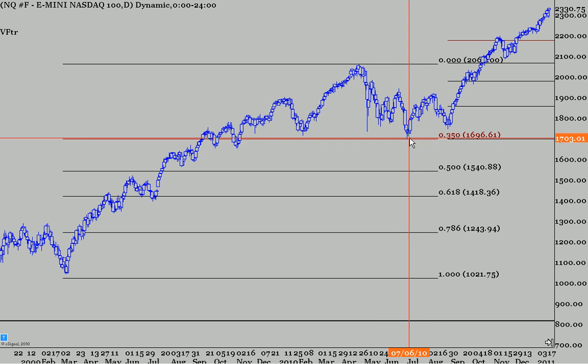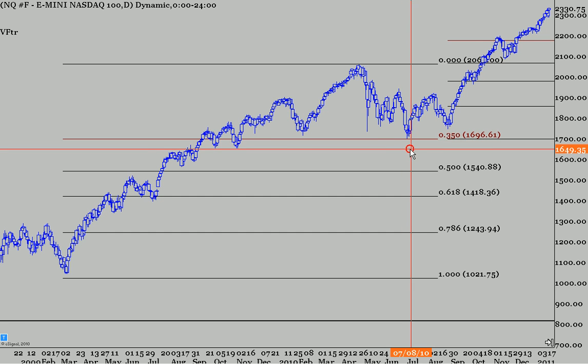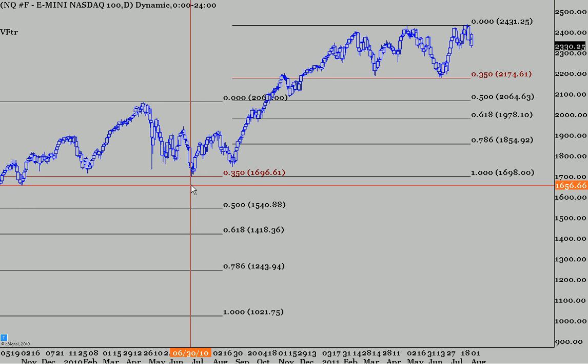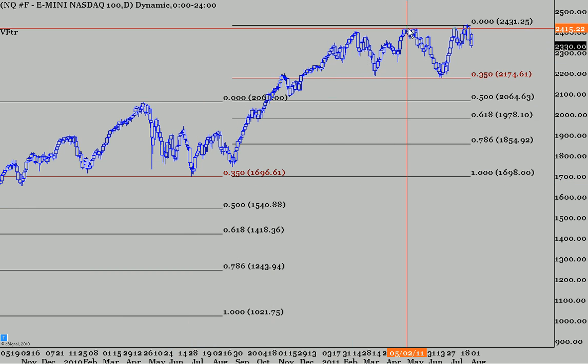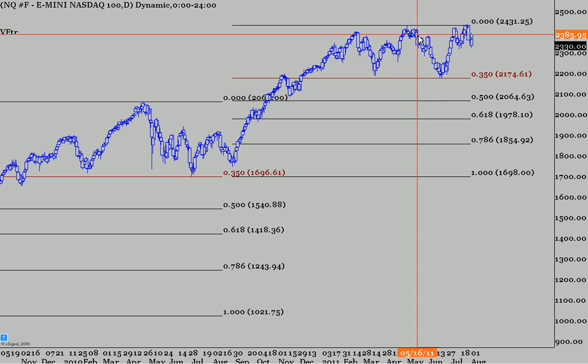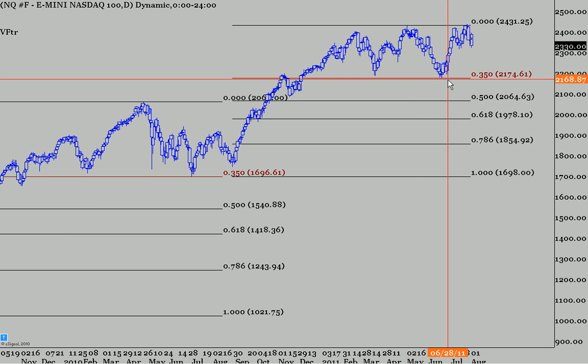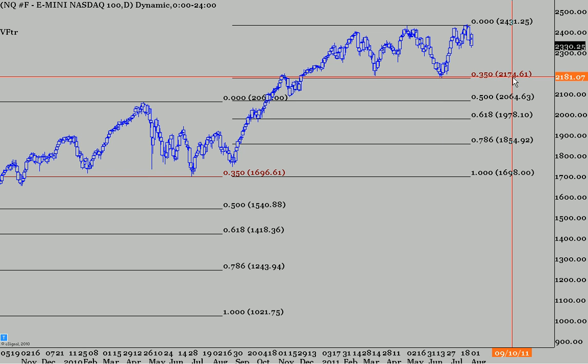What this means is 35% should have value going forward. So as we go forward, we make a new high here, and we pull down, find support right at 35%. So on a daily chart, symmetry support is 2174 on the NASDAQ.